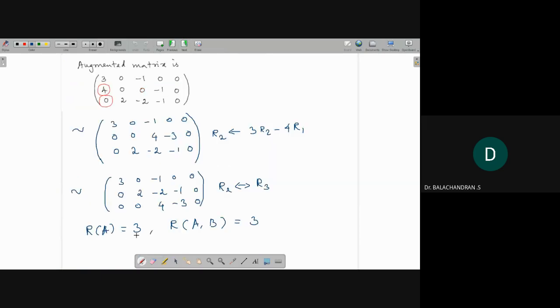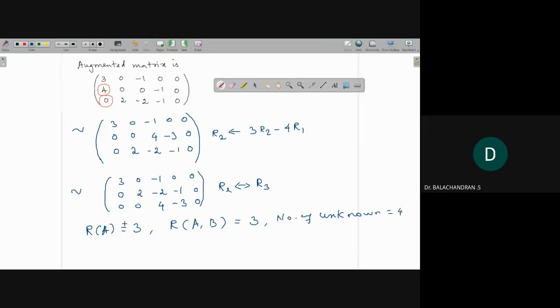So the number of unknowns is 4. So rank of A is equal to rank of A comma B, which is strictly less than the number of unknowns.